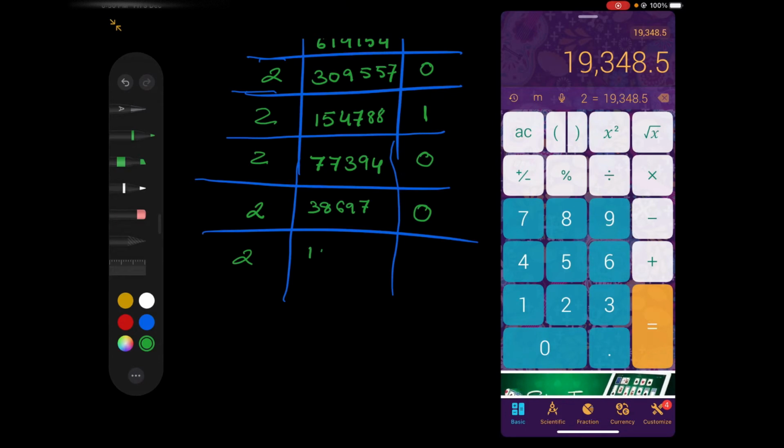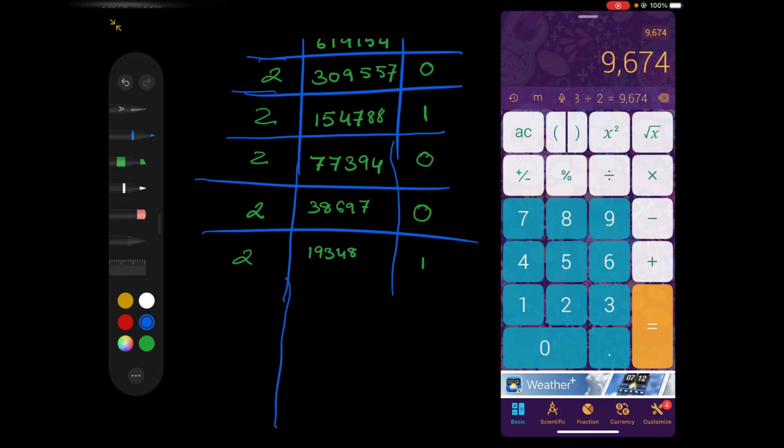So we write this number again, ignoring the decimal point, and here we will write 1. Then you have to subtract the decimal and then divide it by 2.